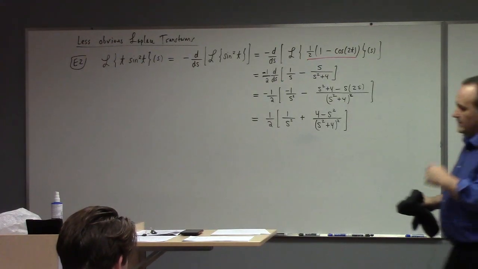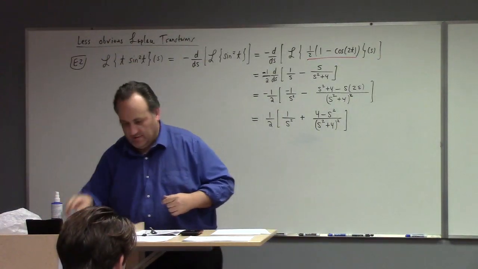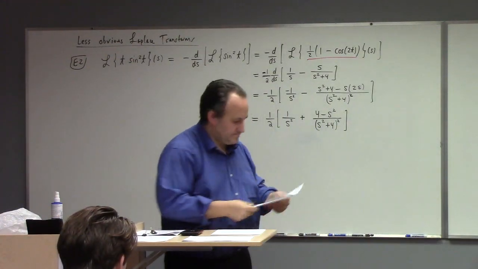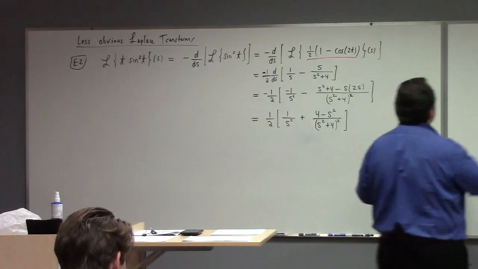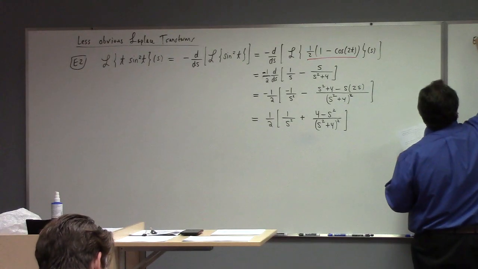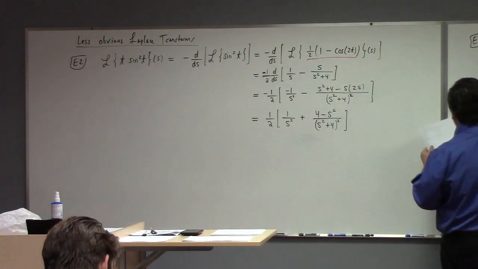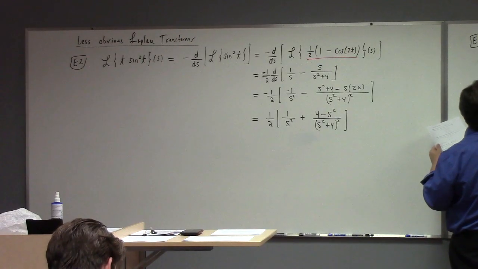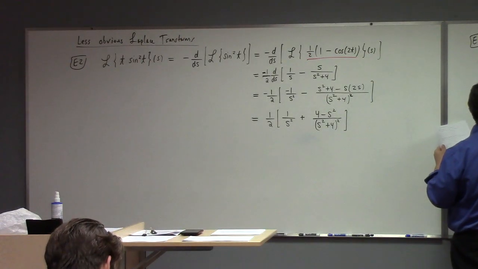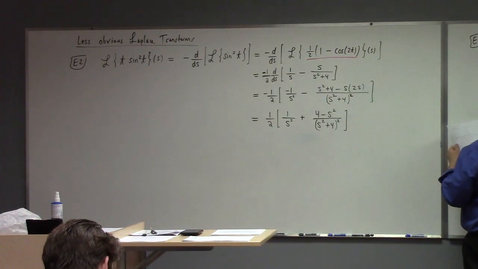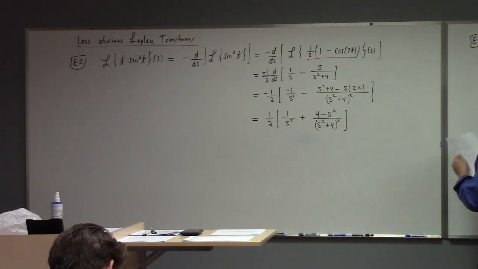How about we calculate the Laplace transform of, I don't know, sine t cosine 2t. How would you deal with this?